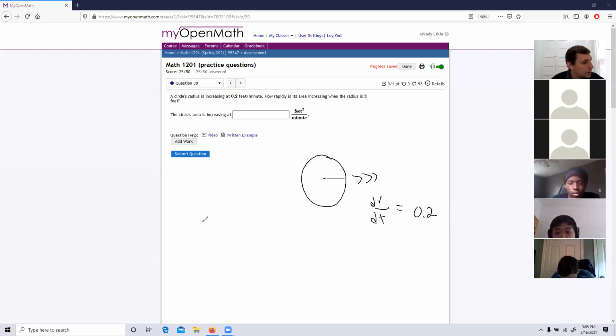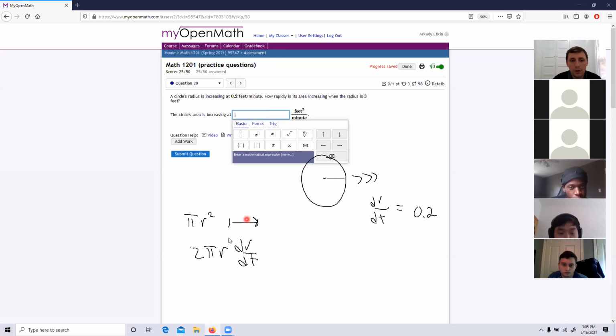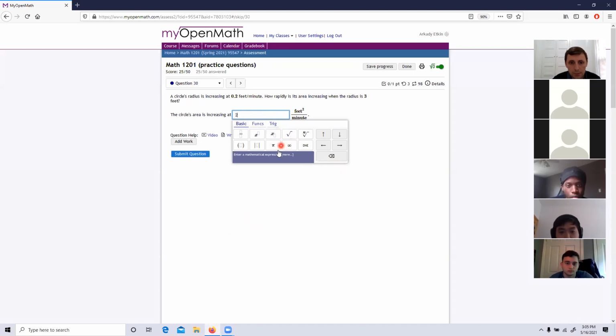We want to know how fast the area is expanding when the radius is 3. The area is pi r squared, so take the derivative and you get 2 pi r dr/dt. We know r and we know dr/dt, so we put in 2 pi times 3, which we can just write as 6.